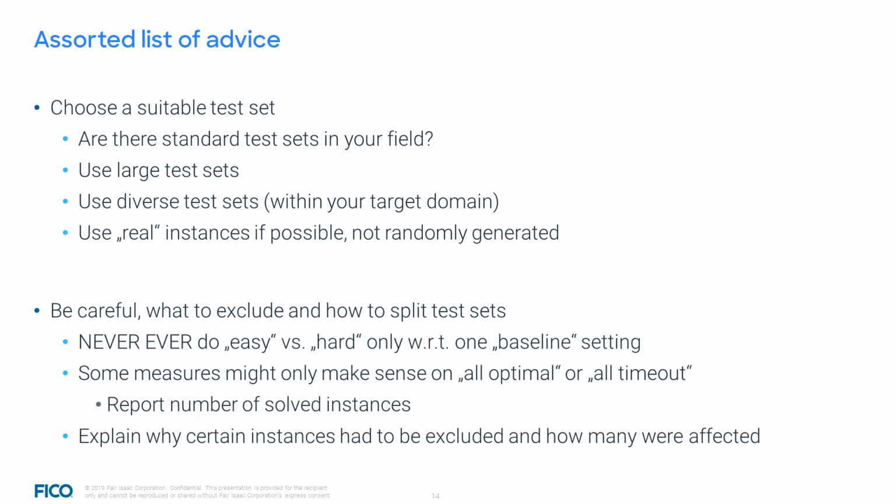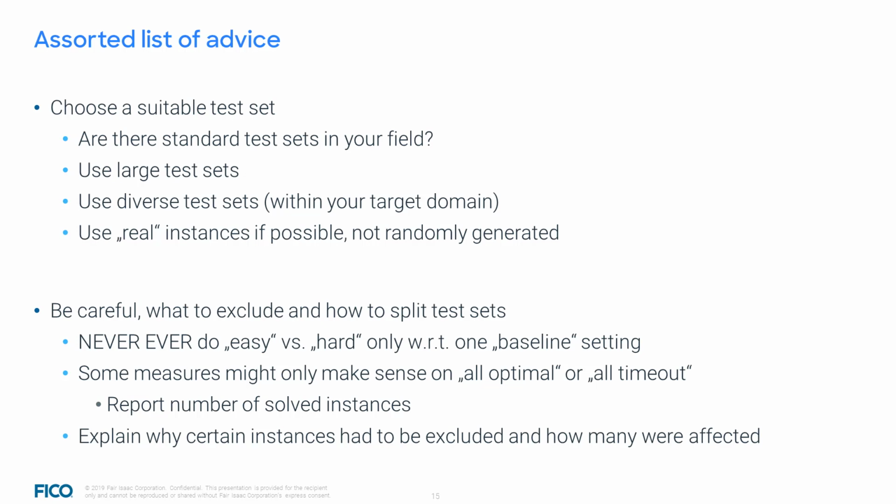However, each exclusion should be sufficiently motivated and, moreover, it should be argued why the computational results do not get skewed from it. A similar argument applies when some measures only make sense for all optimal or all timeout instances. Again, it's reasonable to report this only on the respective subset. However, one should always report the number of instances that a particular setting could solve.